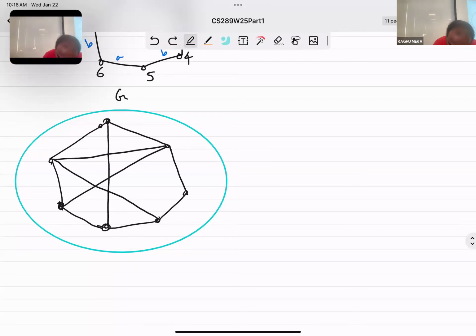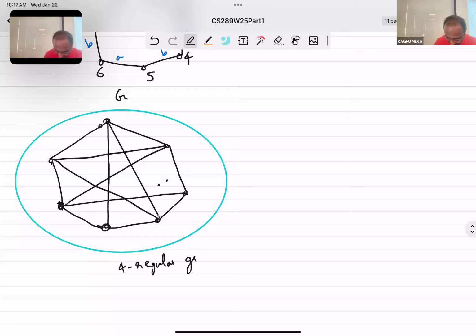So let's say this is a 4-regular graph. Maybe I'm not drawing all of the vertices or the edges. Some are missing, but that's okay for now.